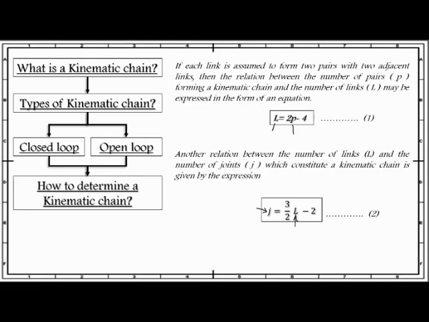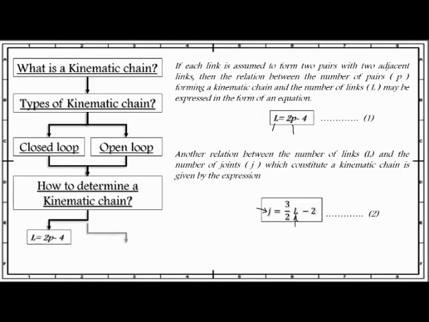These equations may also be applied to kinematic chains in which higher pairs are used. In that case, each higher pair may be taken as equivalent to two lower pairs with an additional element or link. Now, let us apply the above equations to the following cases to determine whether each of them is a kinematic chain or not.